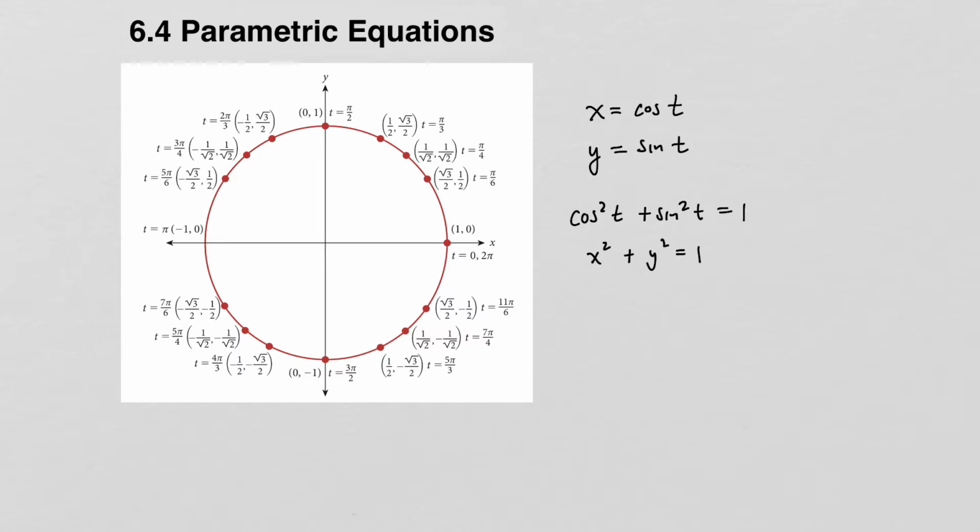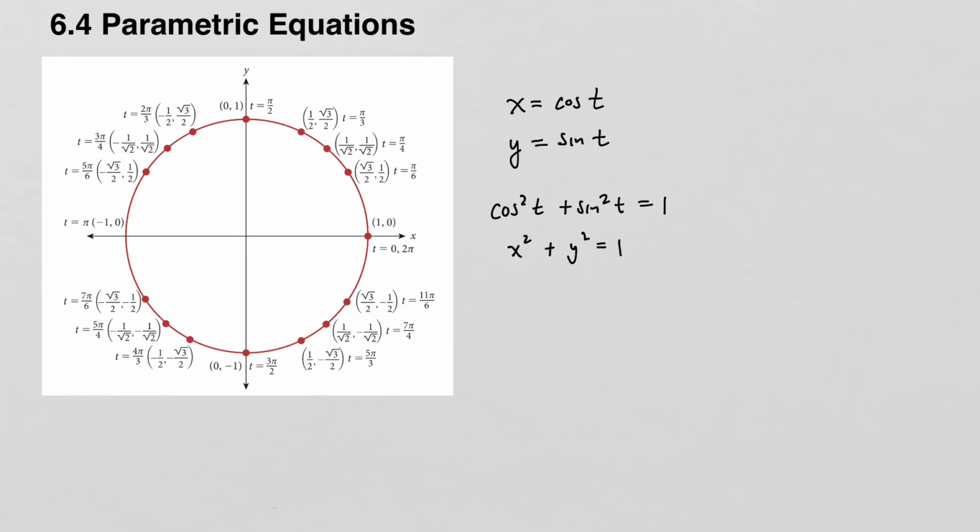So what we've done here is we have come up with what are called parametric equations that describe the unit circle. And in these parametric equations, t, the independent variable t, is what we call the parameter.